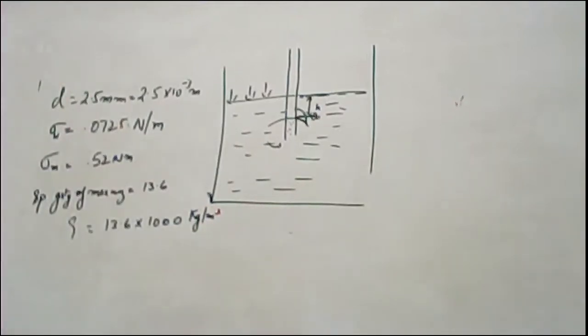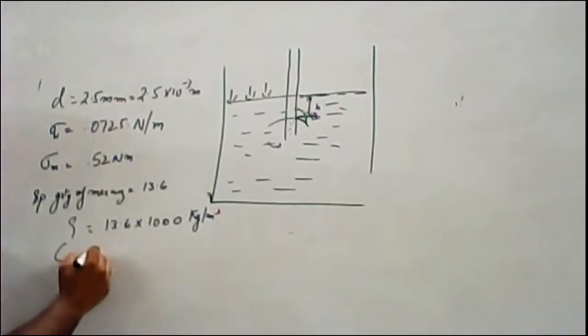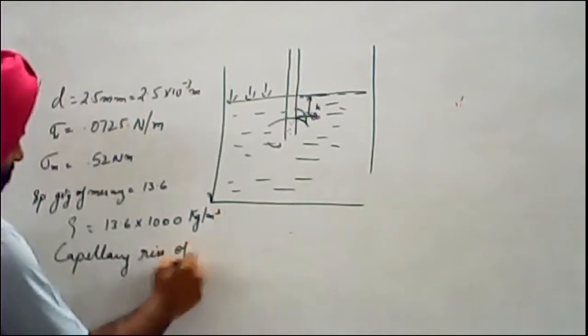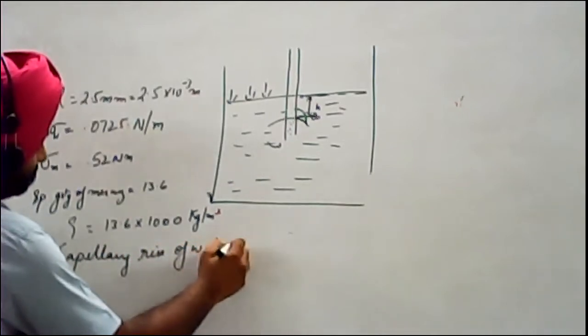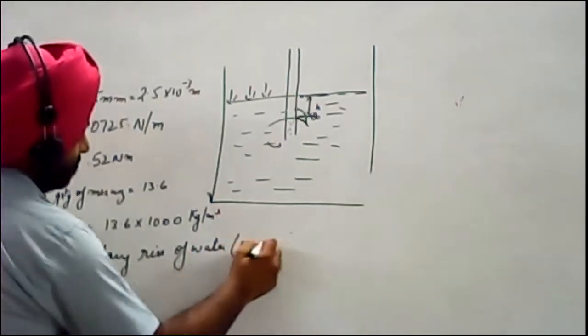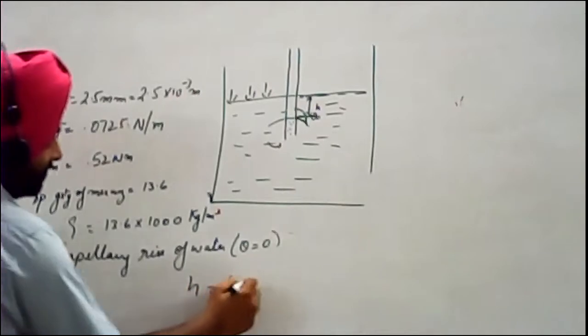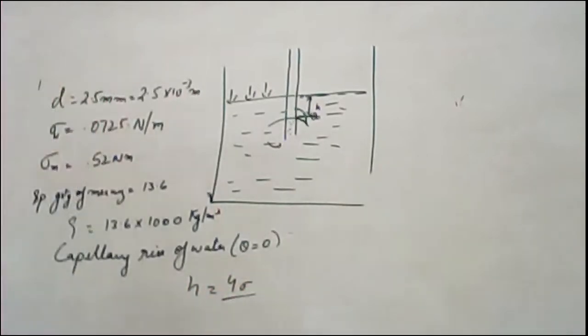And capillary rise of water. Water can be taken as theta equal to 0. Now H is equal to 4 sigma by rho GD.